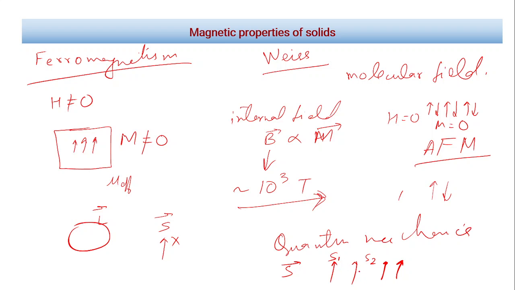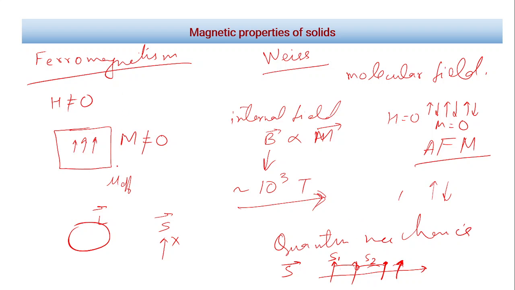If I am considering a single linear chain of spins or magnetic moments, then for this atom, this spin will be influenced by its neighboring atoms, not by any third or fourth spin. They have to be immediate neighbors to influence their direction. Okay, so let's not go into detail here.